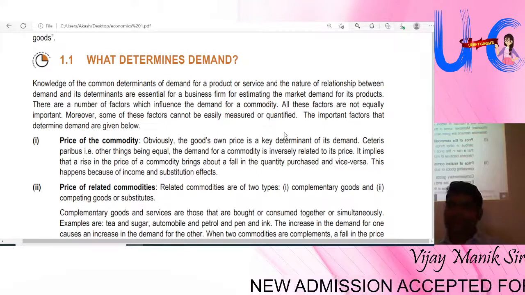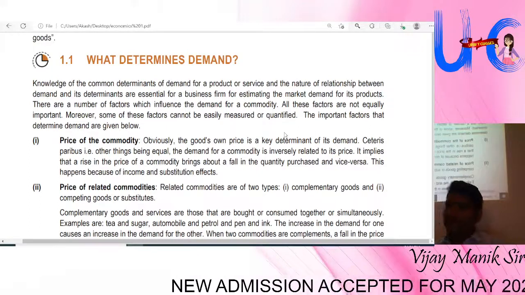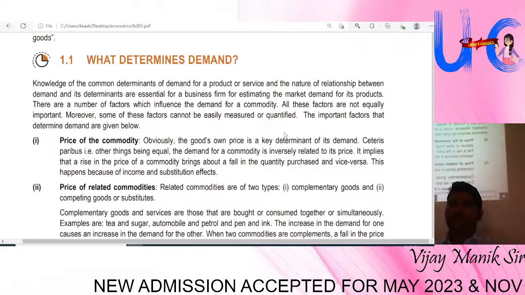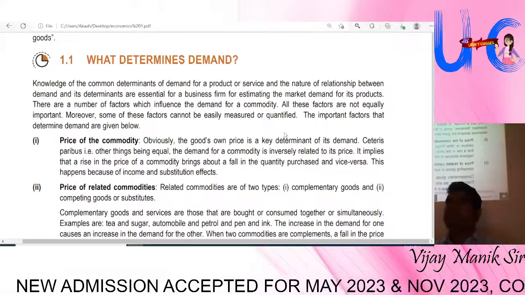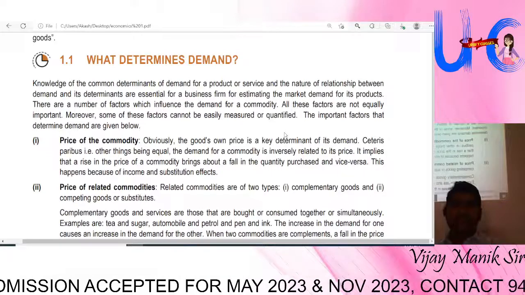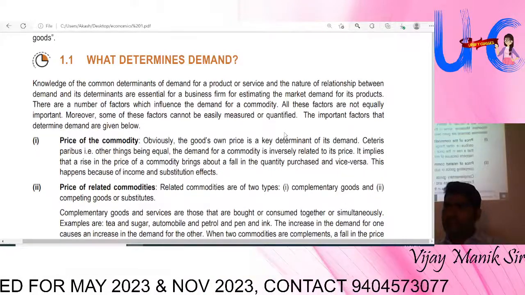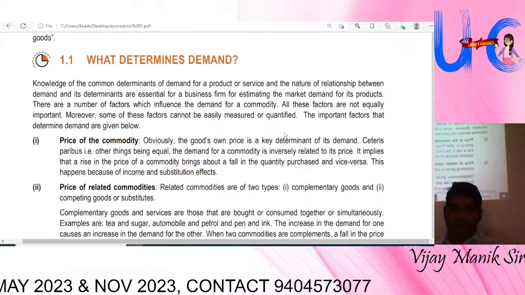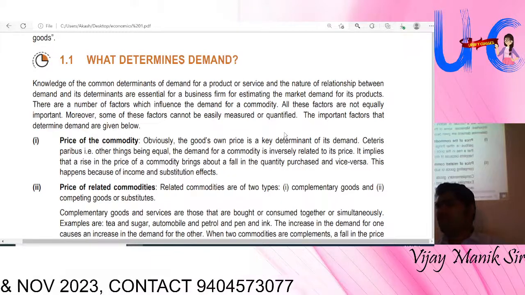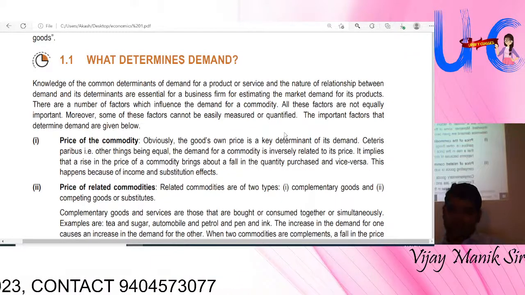Can demand be fulfilled by the producers there? No, they will first check whether the buyers or consumers are able enough to buy the commodities. So this thing is also important here. So which things determine the demand? These are the things.